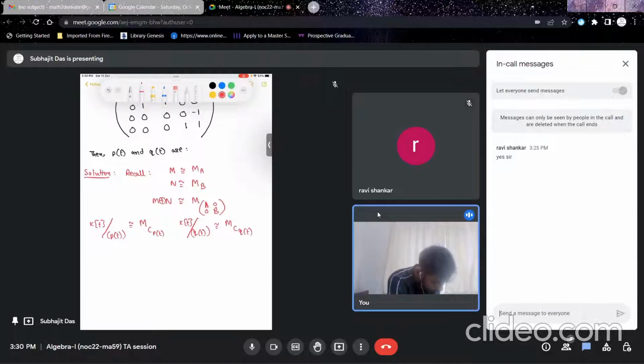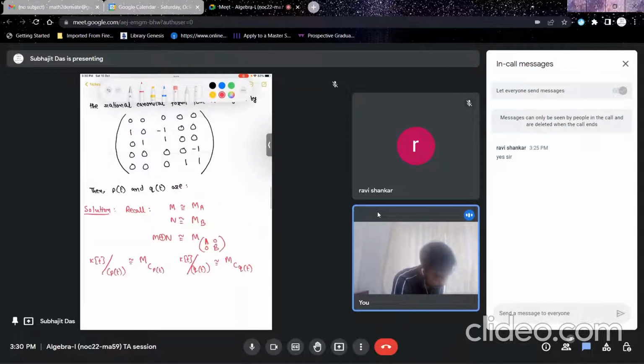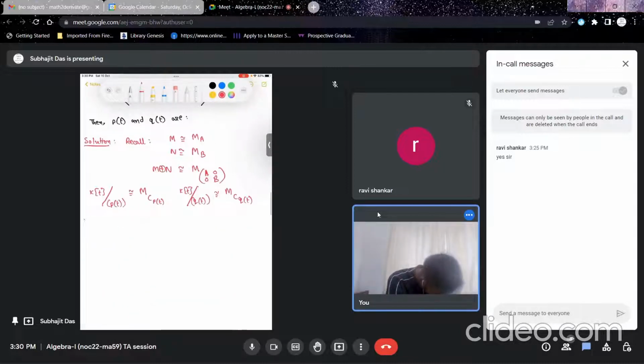Now using what we have written here, we know that M_A is isomorphic to K[t] modulo the ideal generated by p(t), direct sum K[t] modulo the ideal generated by q(t), and this is isomorphic to M_{C_p(t)} direct sum M_{C_q(t)}.